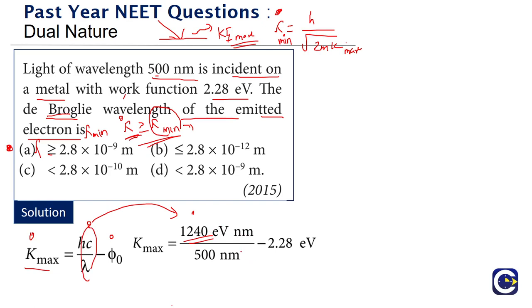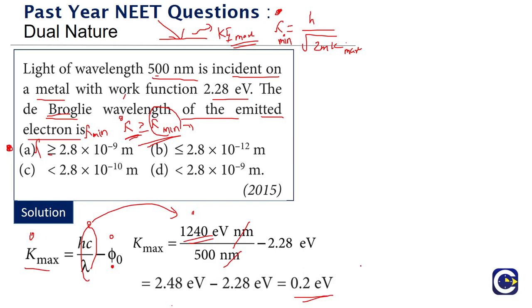Lambda we will have in nanometer, so the nanometer gets cancelled, and we get the value of hc by lambda in electron volts, because the work function is already in electron volts. If we simplify, we get the K max value, which comes to close to 0.2 electron volt.